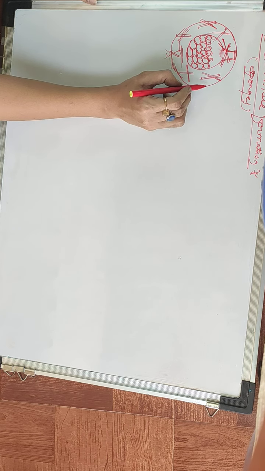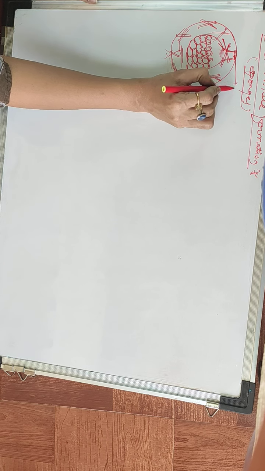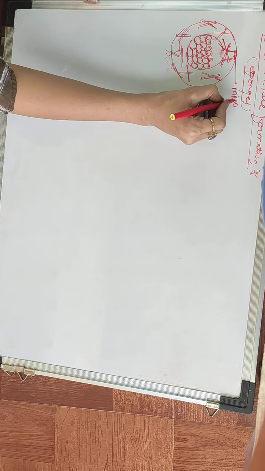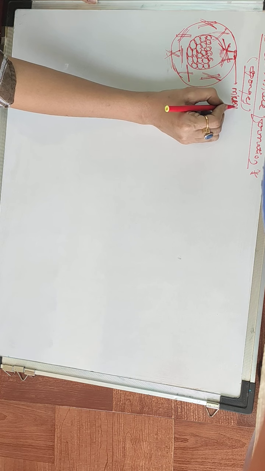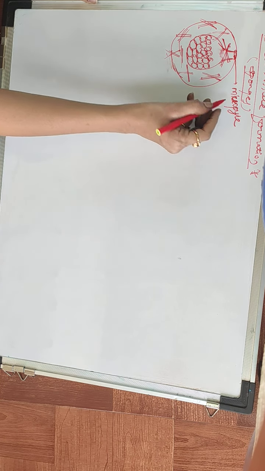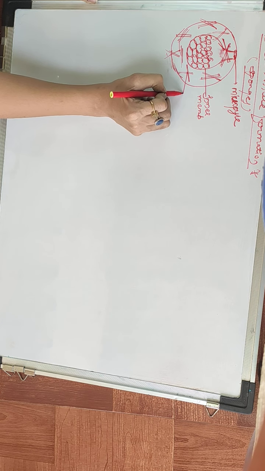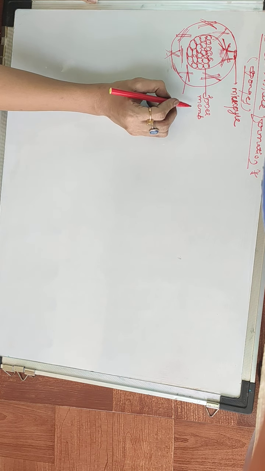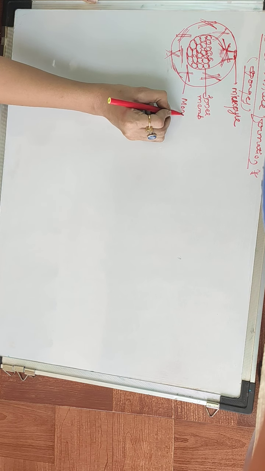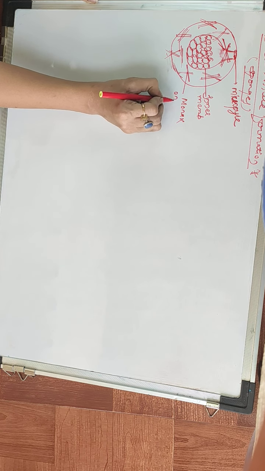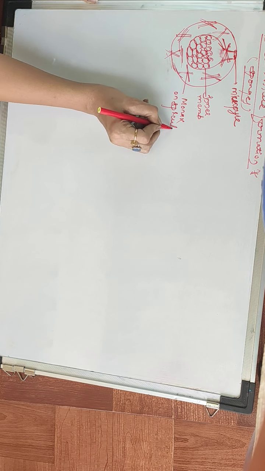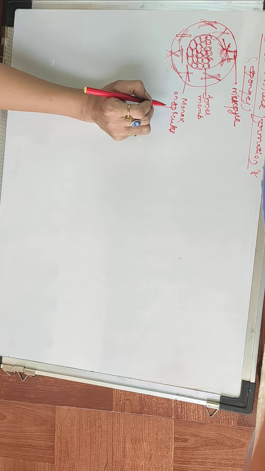Now, this is called the micropyle. You can see this opening, that is called the micropyle. This is called the inner membrane, and this is called the monaxon tube. Spicules. And this is all about gemmule structure.